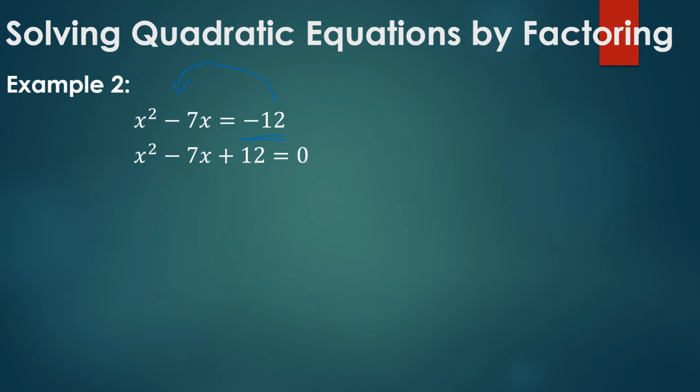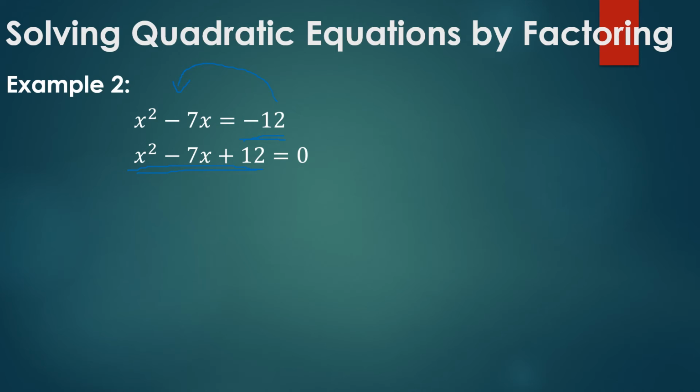Now, we are going to factor x squared minus 7x plus 12. What is the factored form of x squared minus 7x plus 12? Remember that this is a trinomial, right? There is a technique on how to find the factored form of a trinomial.